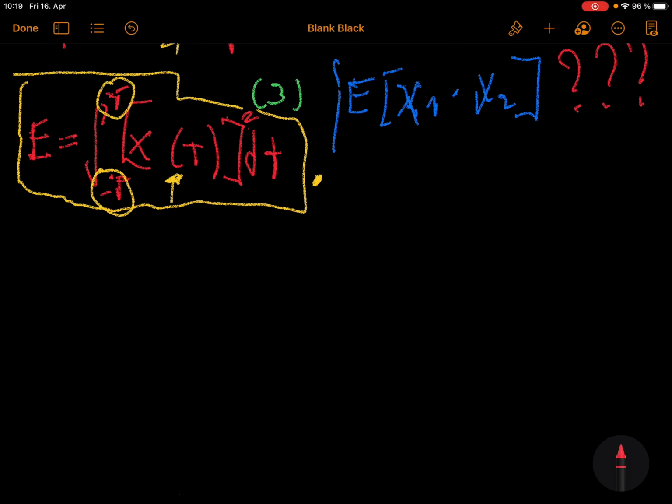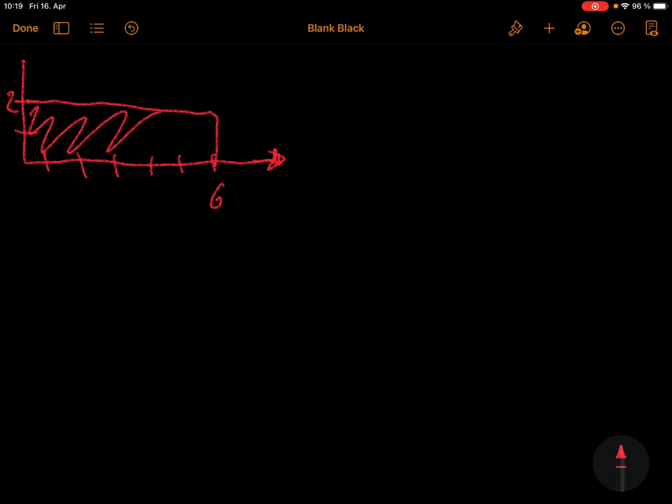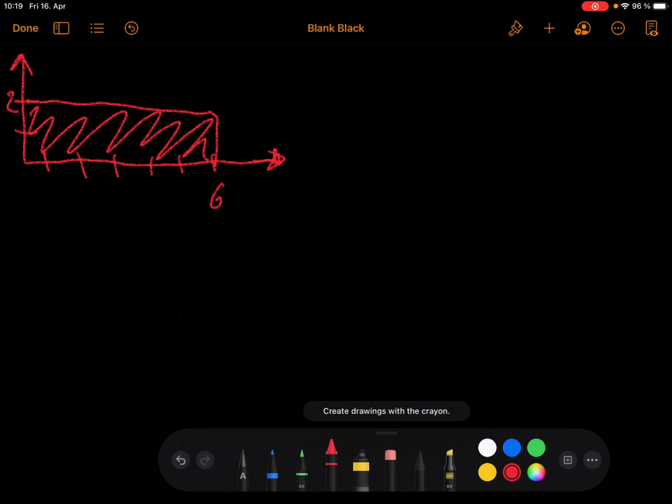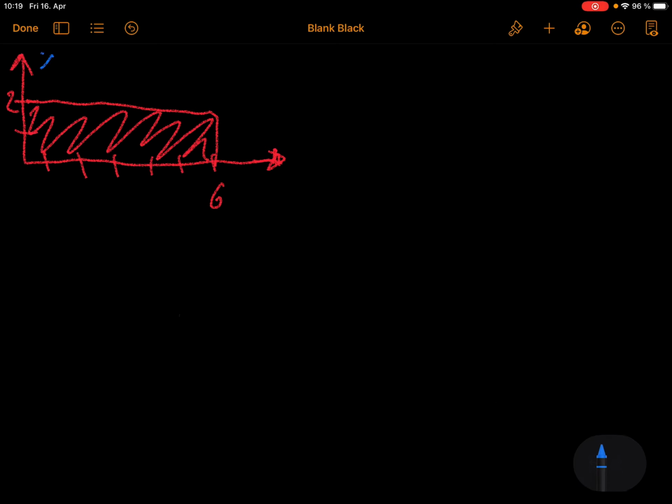All right, so let's draw again to make it a bit easier, between 0, 1, 2, 3, 4, 5, 6, and 1, 2. And this is our signal. We need to find the area of the signal. Let's label it x of t, and here we have t.